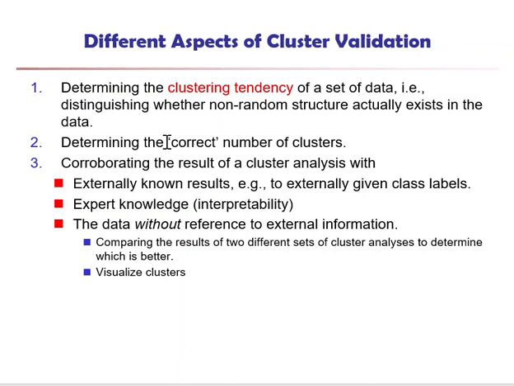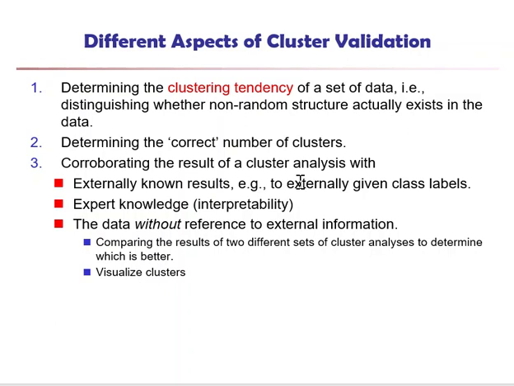If we don't know exactly what the correct number of clusters is that the data holds, then we need to spend a lot of time corroborating the result of our cluster analysis with a number of different resources. If you're lucky, if you have known results or previous studies, then you have those labels, like what I have in the example of color label analysis that we're doing now.